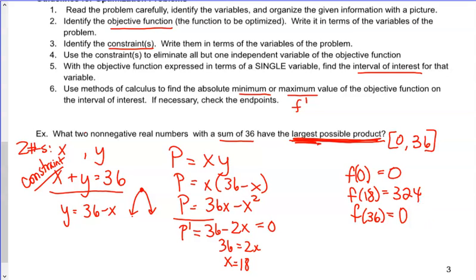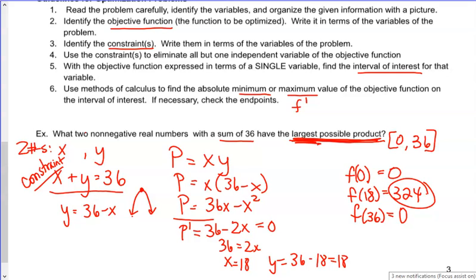Therefore, the two non-negative numbers is going to yield me the x to equal 18. I can plug that back in and find the y value. So the y value is 36 minus 18, which is also 18. And the maximum product is what we get when we evaluate that function at that critical point.